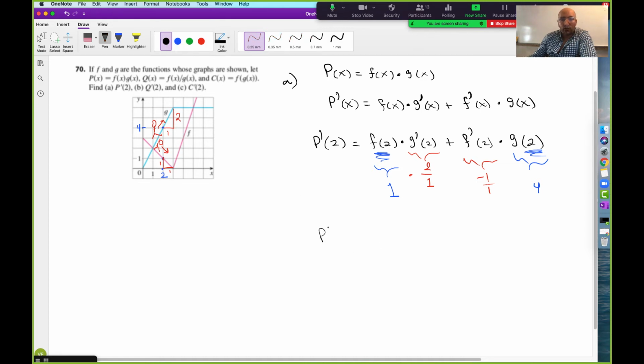Good, so piecing it all together, p prime of 2 is going to be equal to 1 times 2 plus negative 1 times 4, or p prime of 2 equals 2 minus 4. And so p prime of 2 equals negative 2.